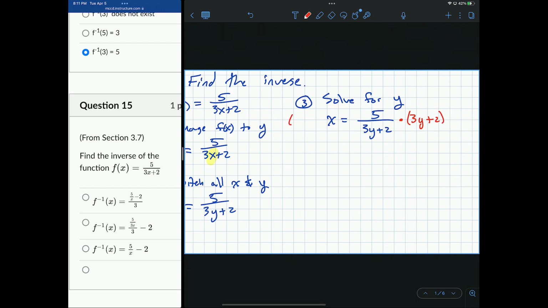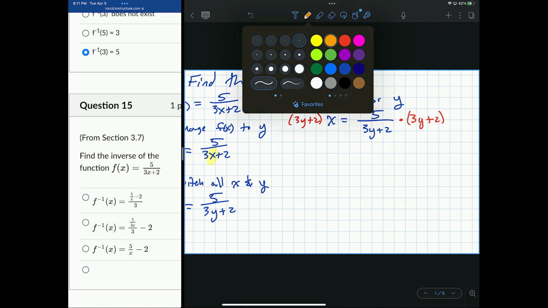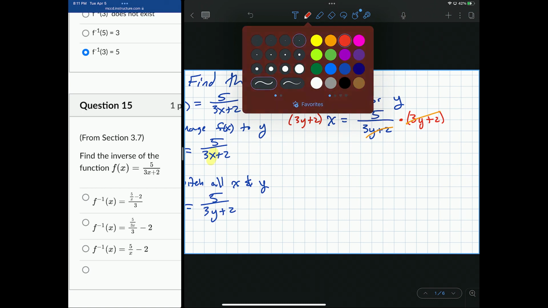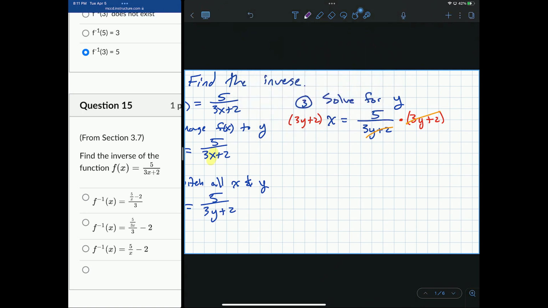The way to do that is to multiply both sides by that denominator, because that will let you cancel those. Now, it doesn't matter if you multiply out this x right now or not. I'm not going to do it on this one. I'm just going to leave it like this.